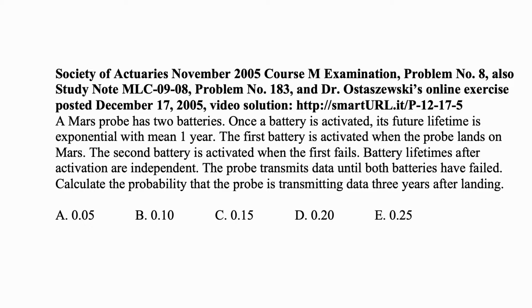The first battery is activated when the probe lands on Mars. The second battery is activated when the first fails. Battery lifetimes after activation are independent. The probe transmits data until both batteries have failed. Calculate the probability that the probe is transmitting data 3 years after landing.